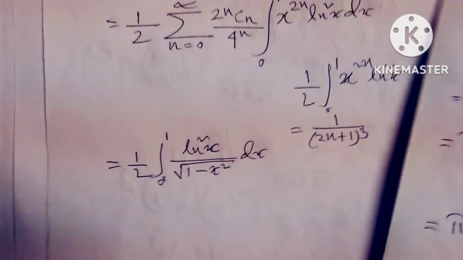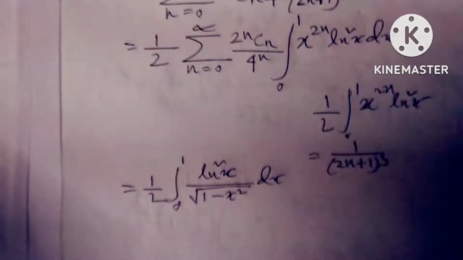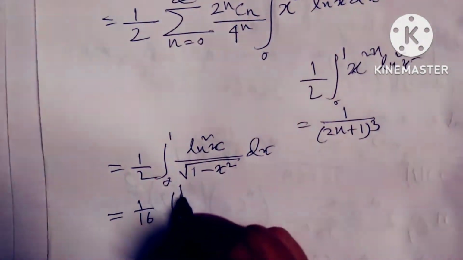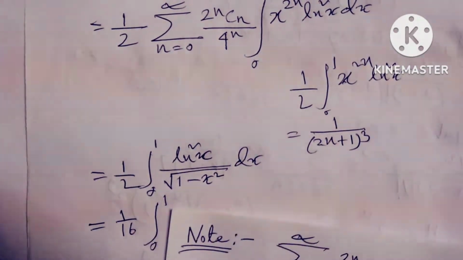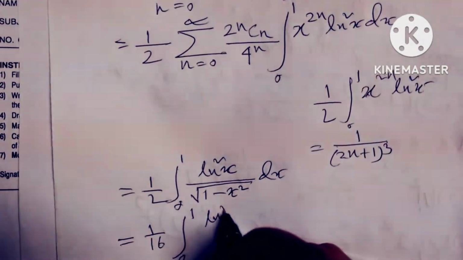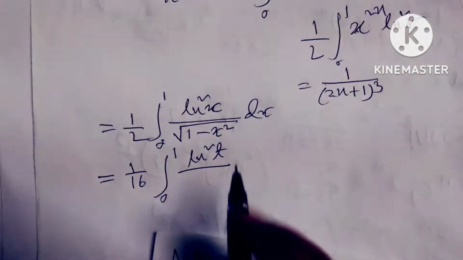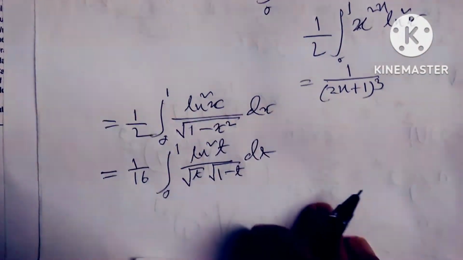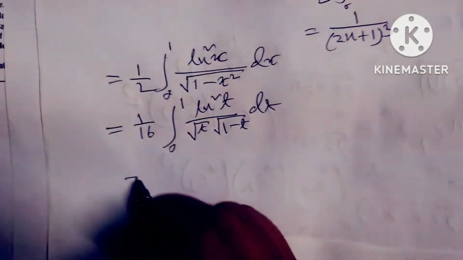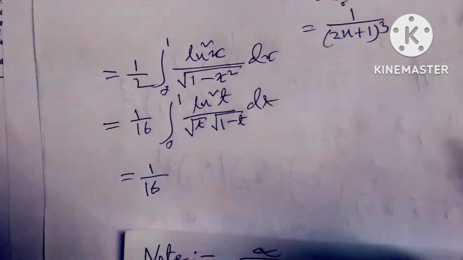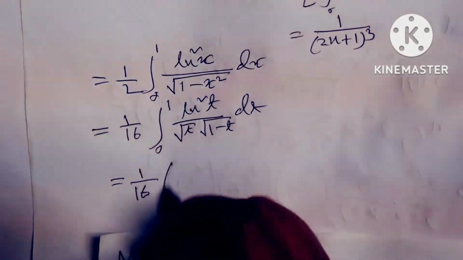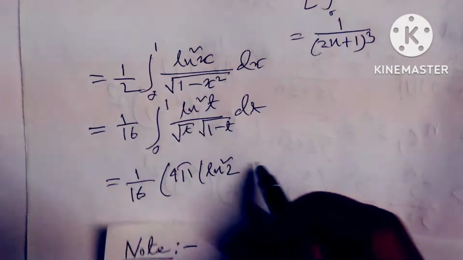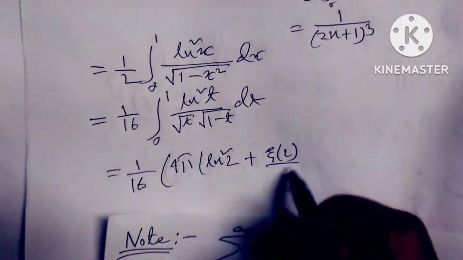So whatever I get, the value is 1 by 16 integral 0 to 1 of ln square t over root t into root of 1 minus t dt, and after that I get the value 1 by 16 into 4 pi ln square 2 plus zeta 2 by 2.